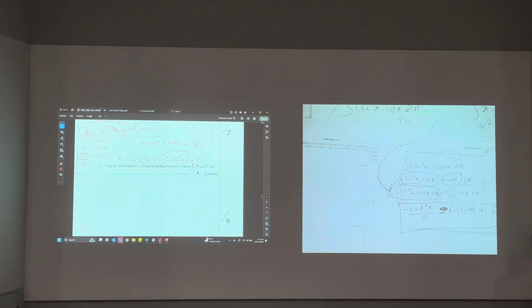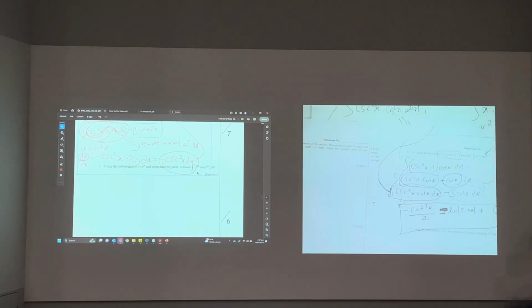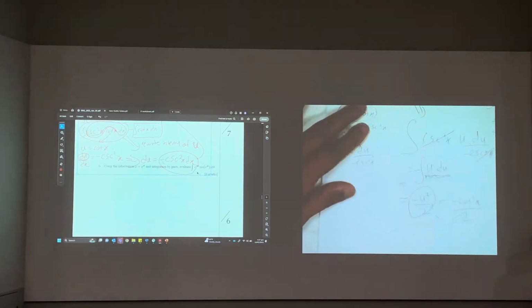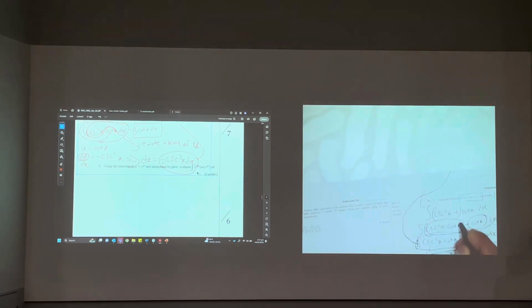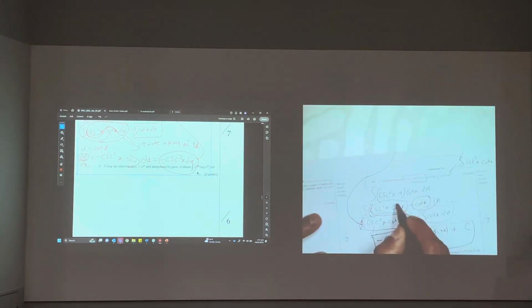Then why initially you find du? On the left side. You define u as cot x, right? Then you differentiate. Because that's why I said when you come to this stage, you realize this particular step.